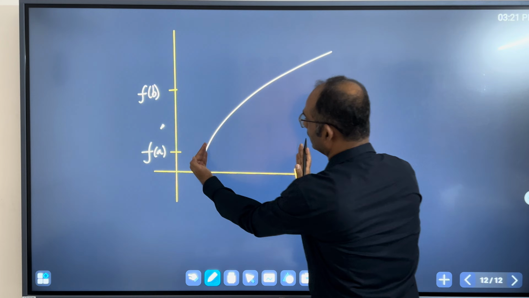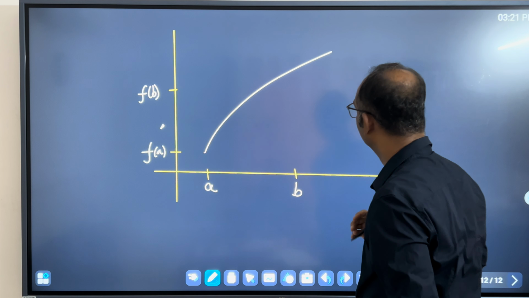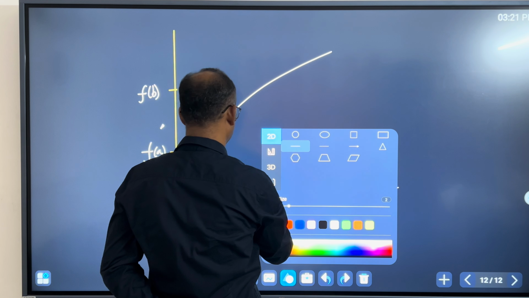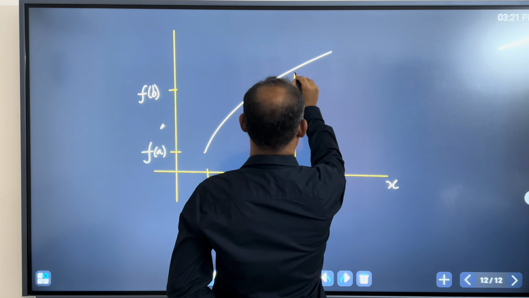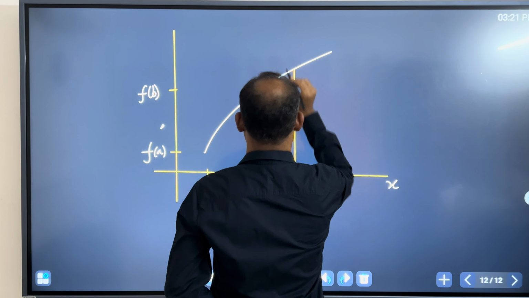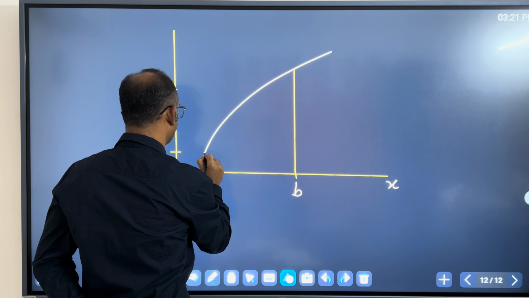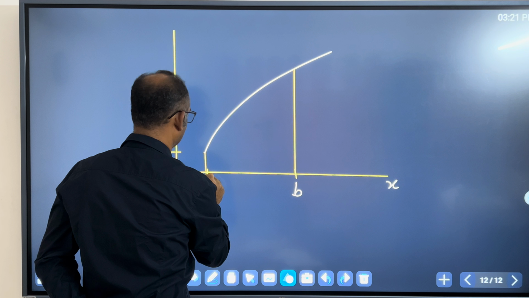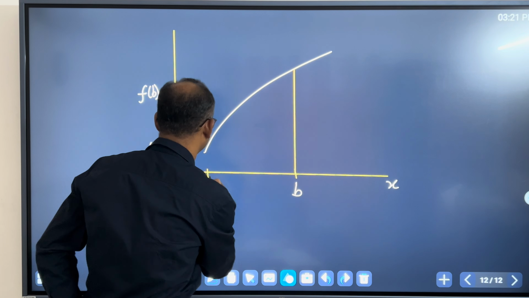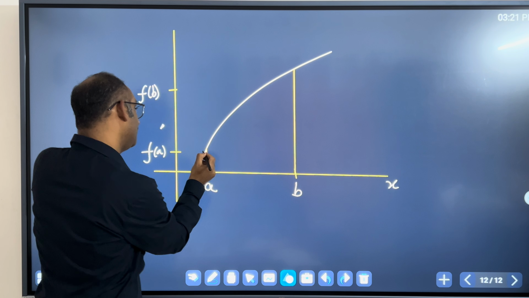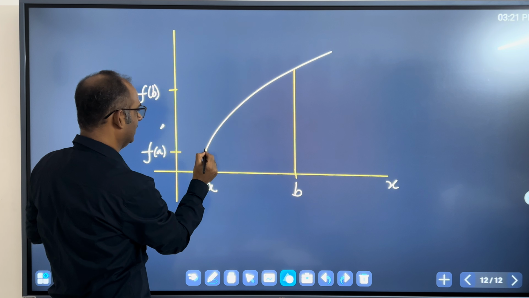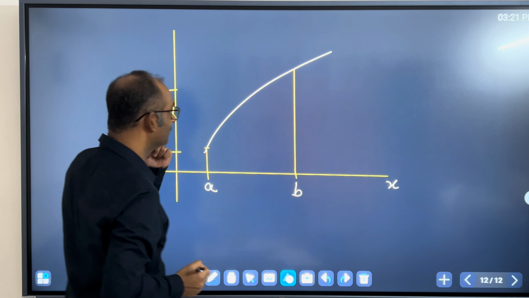I'm only interested in this region, A to B. So I should shift it here, but you can imagine that is fa.